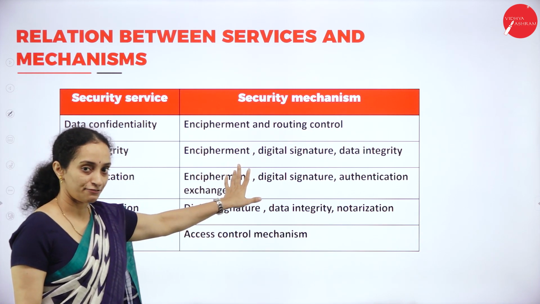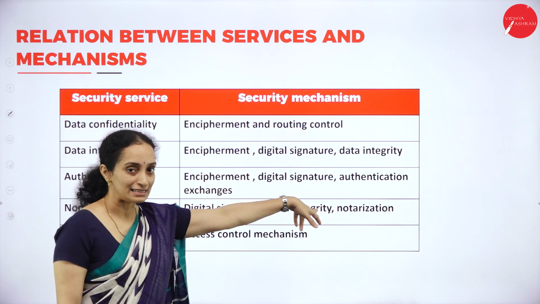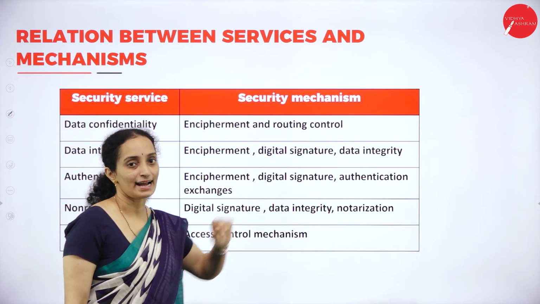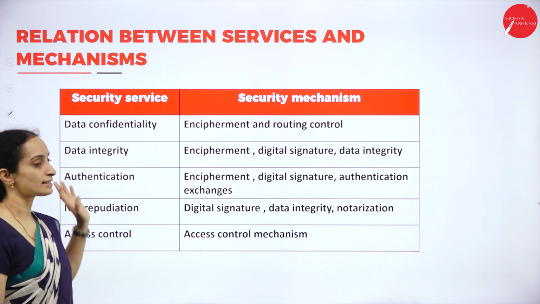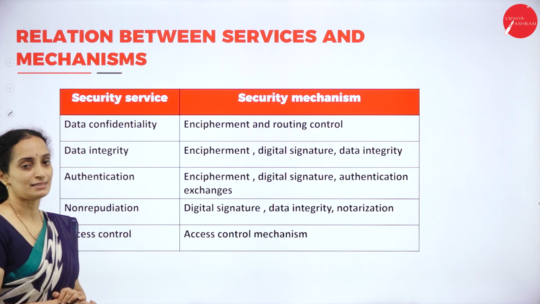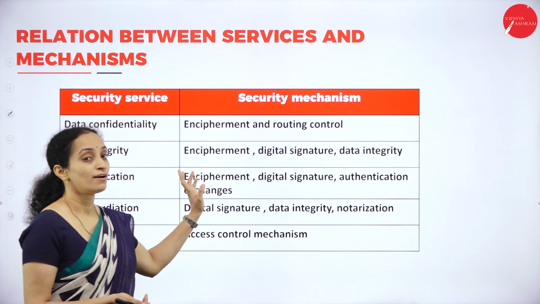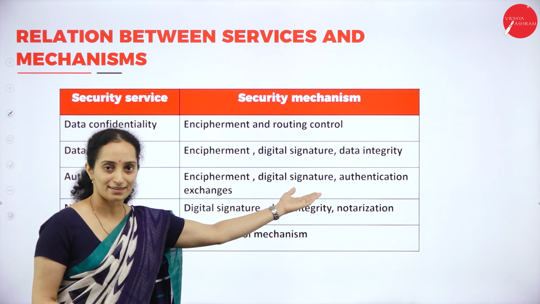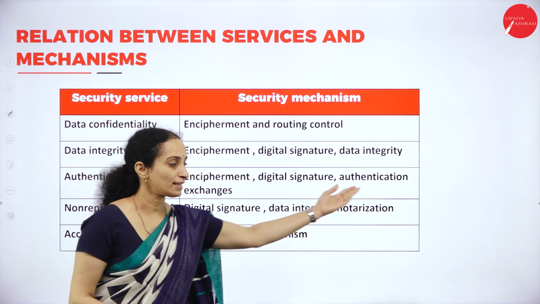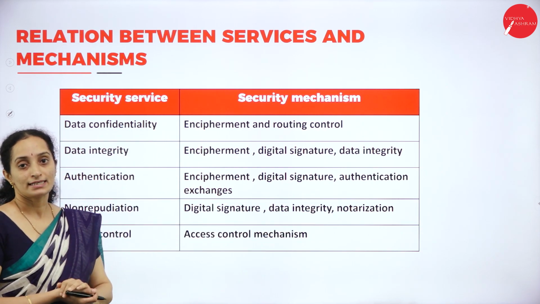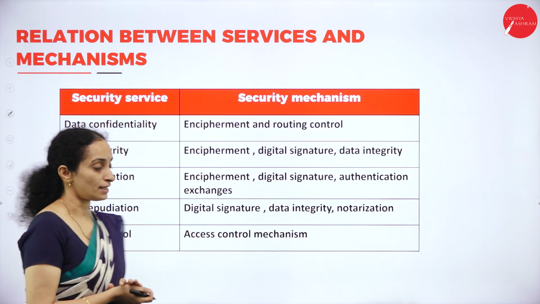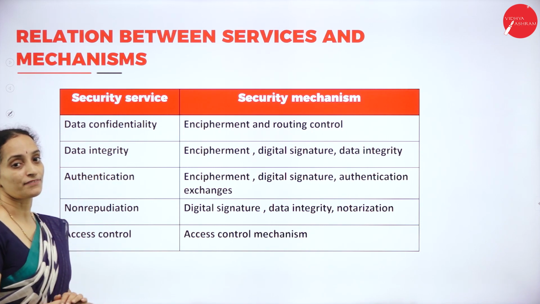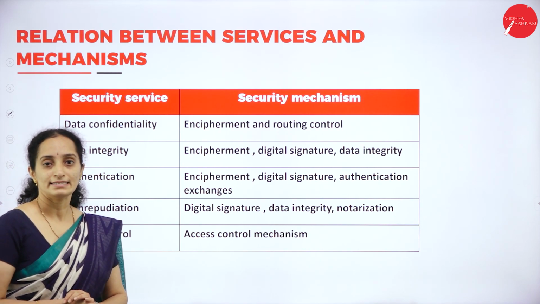When you follow the encipherment method along with digital signature and data integrity, you can provide the service of data integrity. By following multiple mechanisms like encipherment, digital signature, authentication and authentication exchanges, the service provided will be authentication of the data.